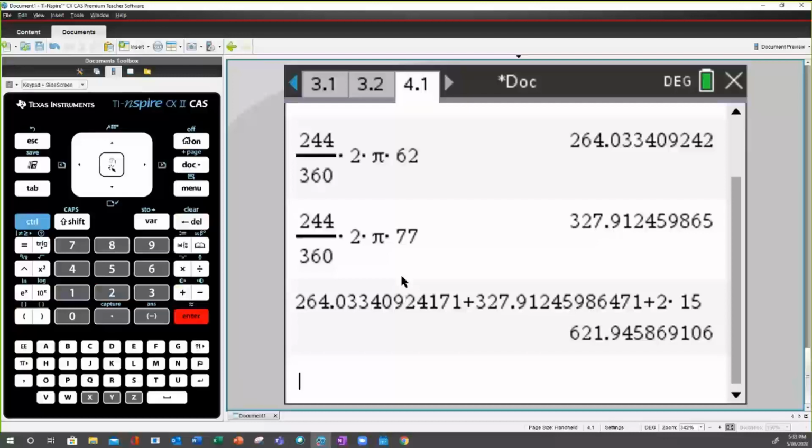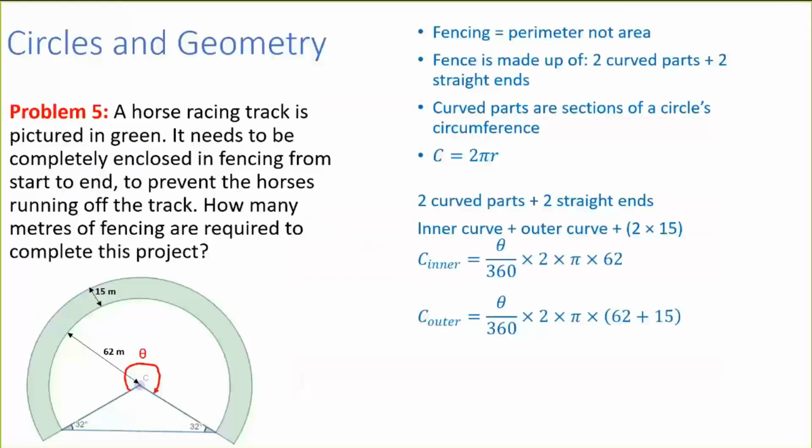If the question specifies to the nearest whole number or to 2 decimal places, you will know what to round this to. At the moment, I don't think my question has specified it. No, it hasn't, so I'm just going to call it 621.95 meters.